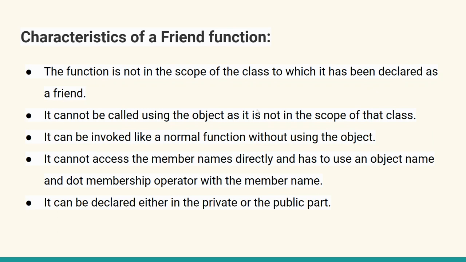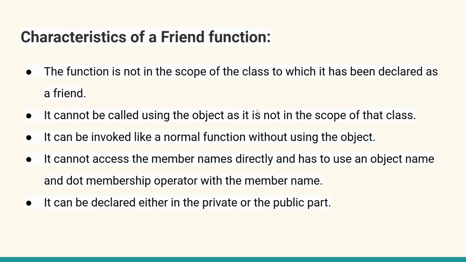Characteristics of a friend function. The function is not in the scope of the class to which it has been declared as a friend. It cannot be called using the object, as it is not in the scope of that class. It can be invoked like a normal function without using the object.